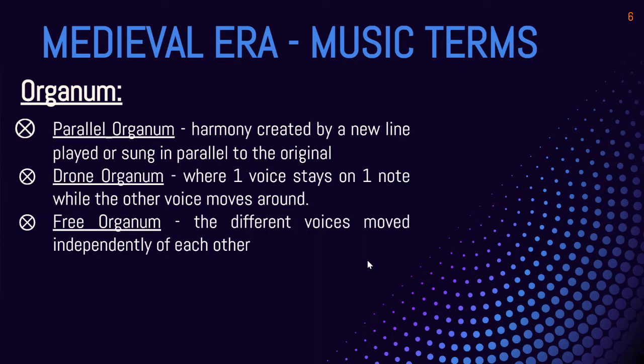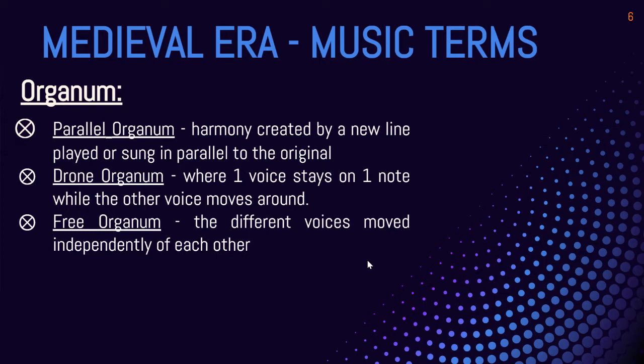All right, as I said earlier, I mentioned something called parallel organum. This is where we're going to talk more about it. Again, like I mentioned earlier, they were trying to come up with ways to make music sound more exciting and make music sound like more than one melody line, what they were used to.